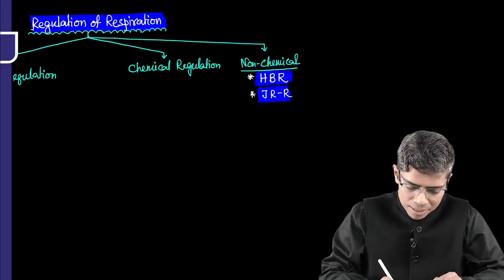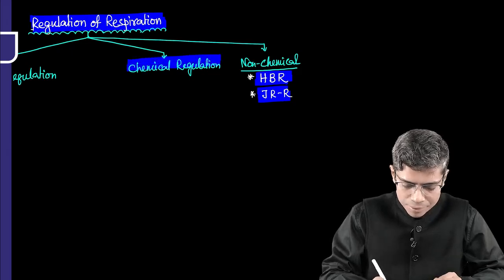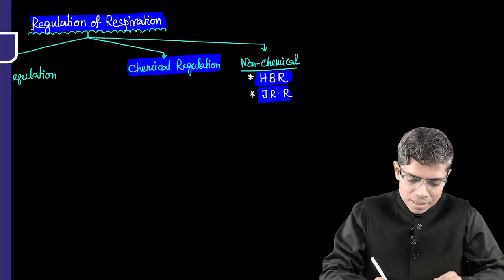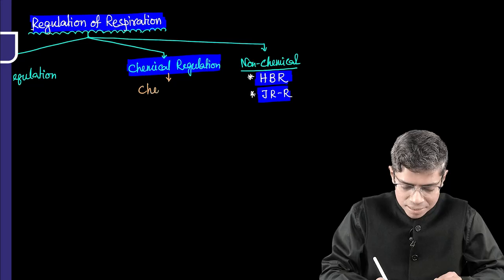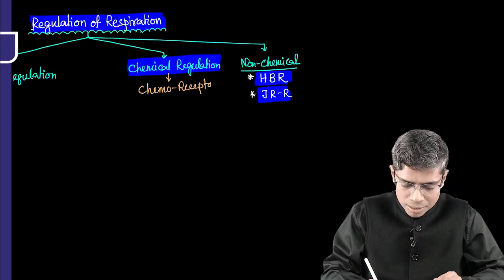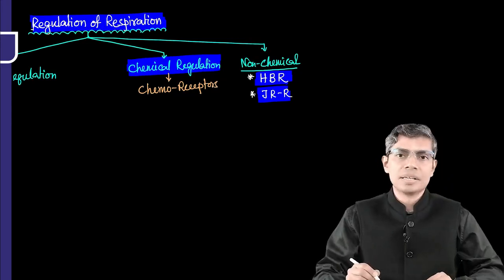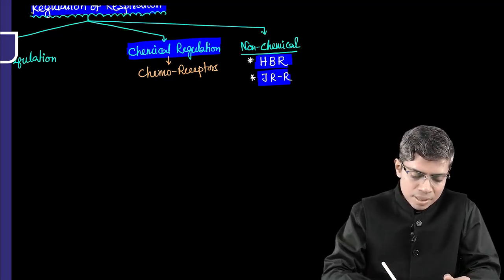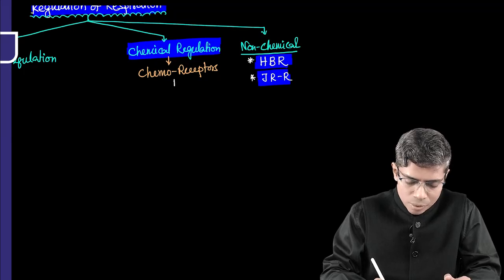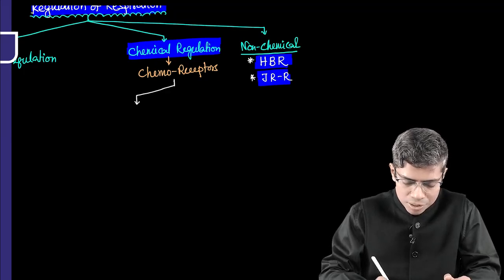Under the chemical regulation of respiration, what are we going to discuss? Obviously, chemical regulation means we are going to discuss various chemoreceptors which are controlling our breathing. Whenever we discuss chemoreceptors, you know that they are located mainly in two locations.